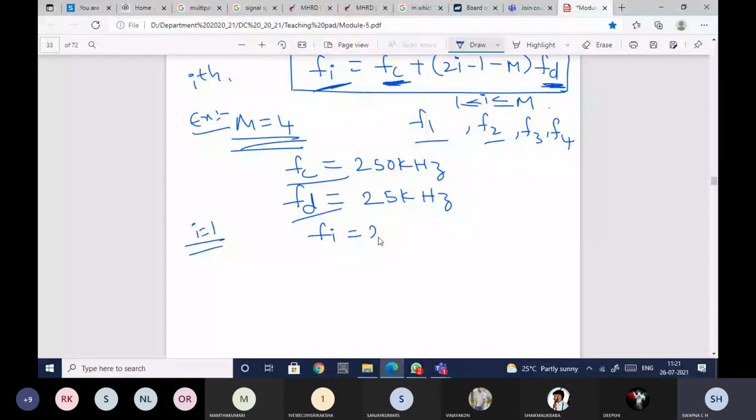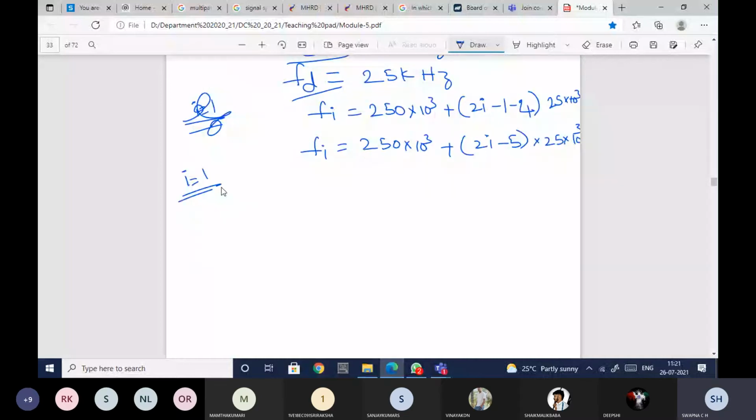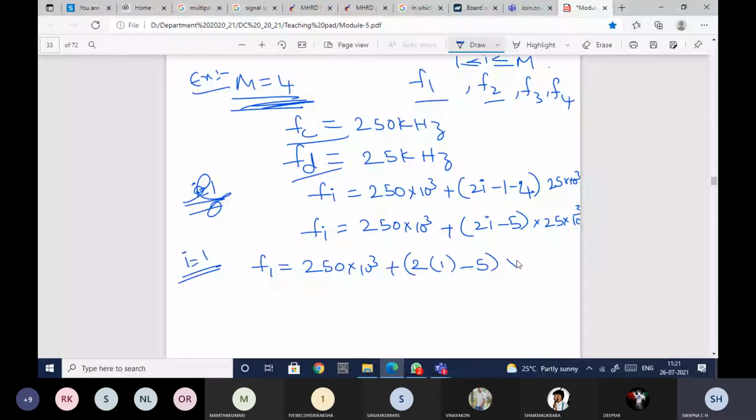Okay, so now I need to find what the frequencies F1, F2, F3, F4 should be, because here my M value is 4. I need 4 carrier frequencies. So let me consider i equal to 1. Here F1 will be equal to 250 into 10 power 3 plus (2 times 1 minus 5) into 25 into 10 power 3.